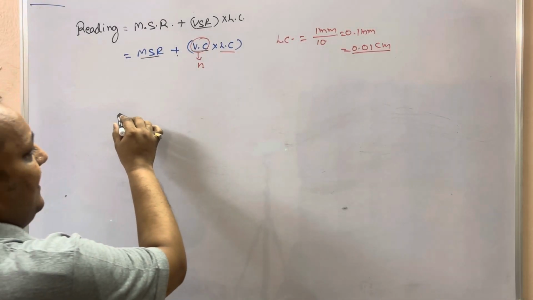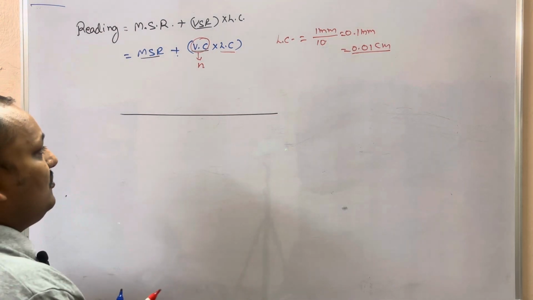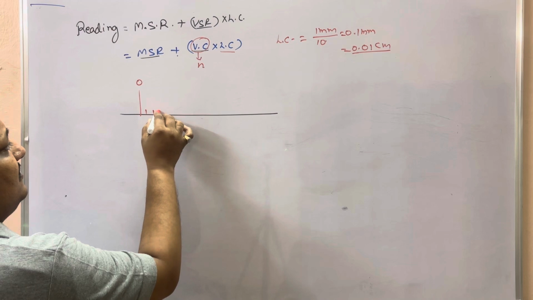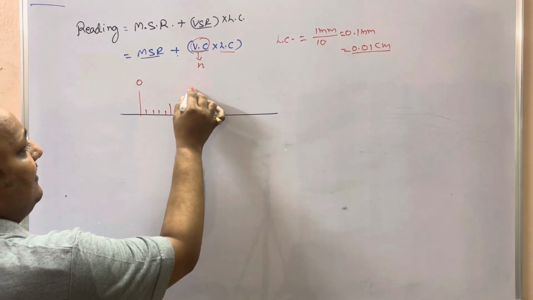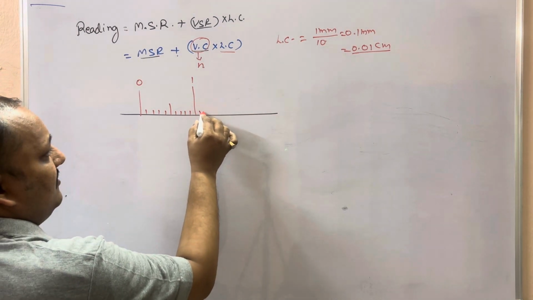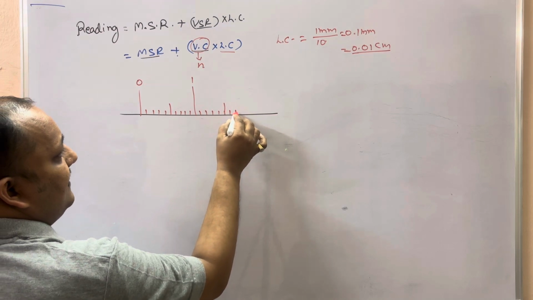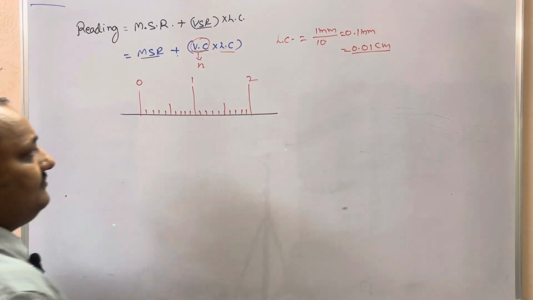So on vernier calipers we have two scales, I said. So 0, 1, 2, 3, 4, 5, 6, 7, 8, 9, 10. This is going to be 1. Then 1, 2, 3, 4, 5, 6, 7, 8, 9, 10. To understand, I am saying.